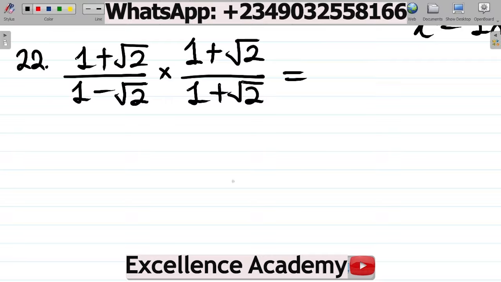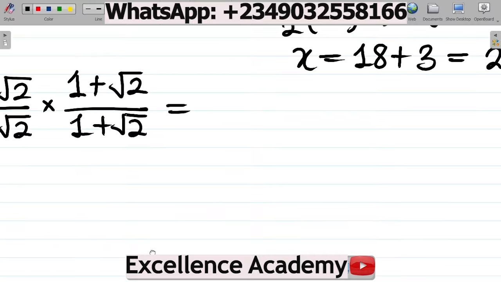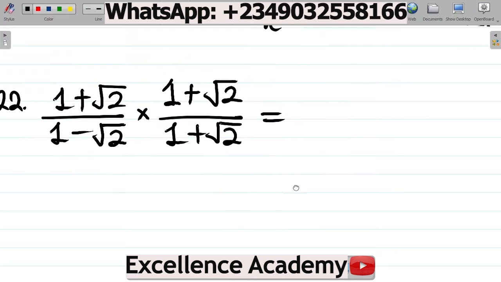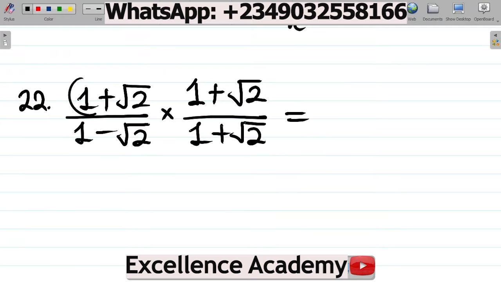Now to solve this question, what we'll have to do is use the first term here, which is 1, and multiply these two terms. So the first term is 1 times 1, that will give you 1, plus 1 multiplied by root 2. 1 times root 2 gives you root 2.